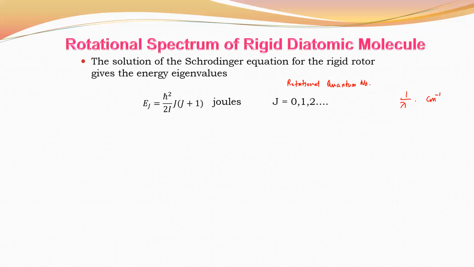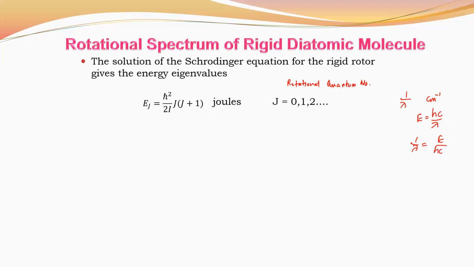To obtain this quantity, we know that energy is equal to hc divided by lambda. From this, how can we obtain 1 by lambda? 1 by lambda must be equal to E divided by hc.